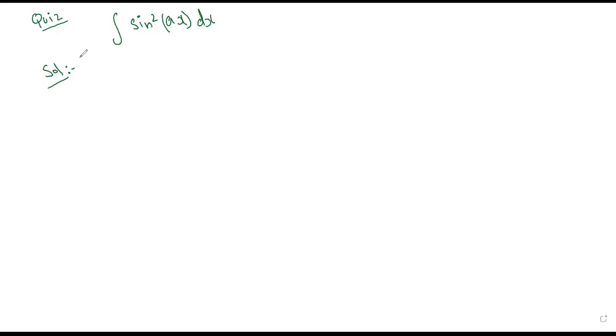Is it minus 1/2 sine ax cos x minus 1/2? No, the answer is actually different. It's okay, but let's see. So how have you done it? What was your first step? My first step was sine square ax.